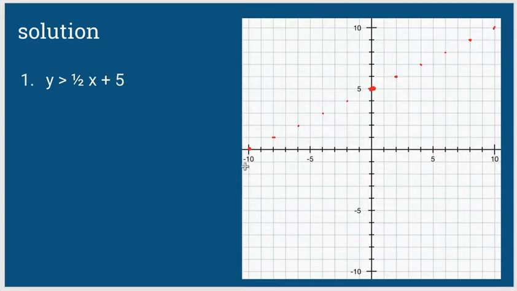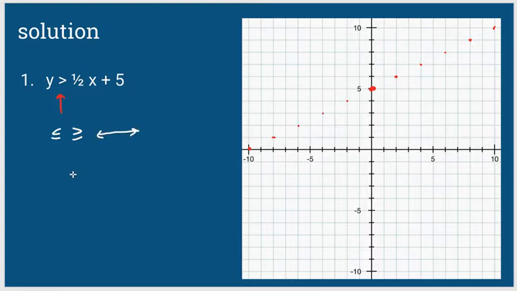Okay, so before I connect these points together, this is where I'm going to take a look at my equation, and I'm going to decide, do I want to use a solid line or a dotted line to connect them? With the inequality symbol, if I have an equal part, so remember if it's less than or equal to or greater than or equal to, I'm going to use a solid line.